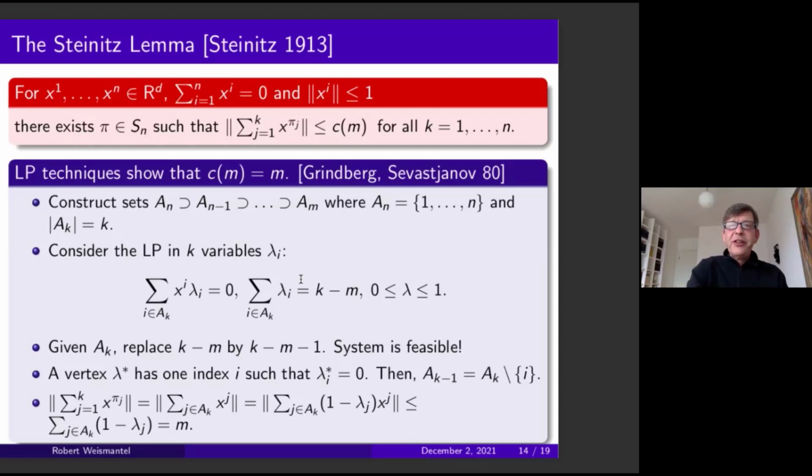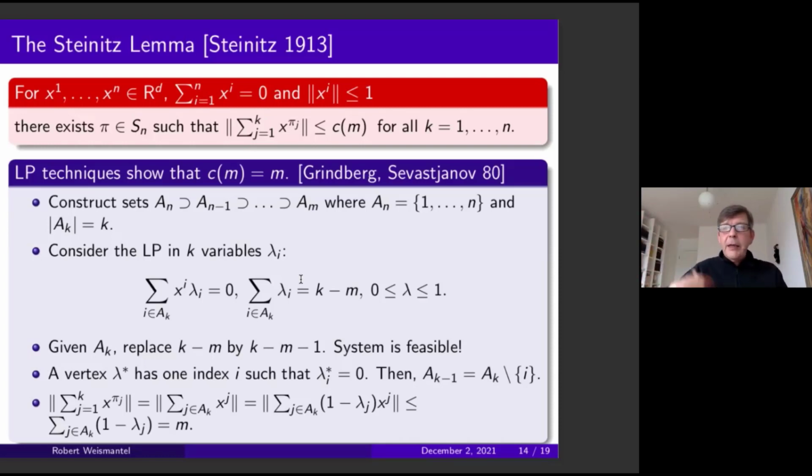You scale the solution that you have with A_k in the lambdas in the way that they satisfy the equation where you replace the right-hand side k minus m by k minus m minus 1. So this scaling shows you that this modified system, where the right-hand side in the last equation goes from k minus m down to k minus m minus 1, is feasible.